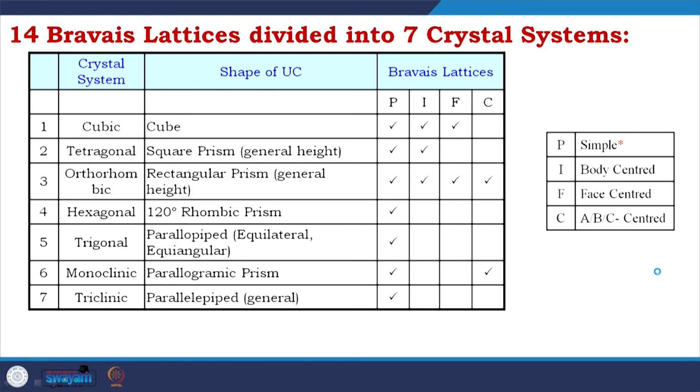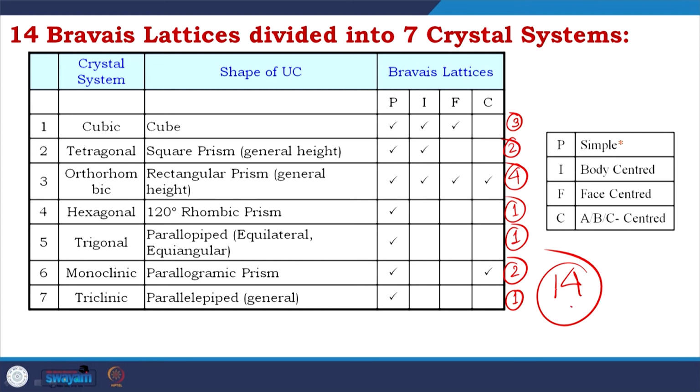From these 7 crystal systems, what are the 14 Bravais lattices? For cubic there are 3, for tetragonal there are 2, orthorhombic 4, hexagonal 1, trigonal 1, monoclinic 2, triclinic 1: 14. So, 14 Bravais lattices divide into 7 crystal systems.